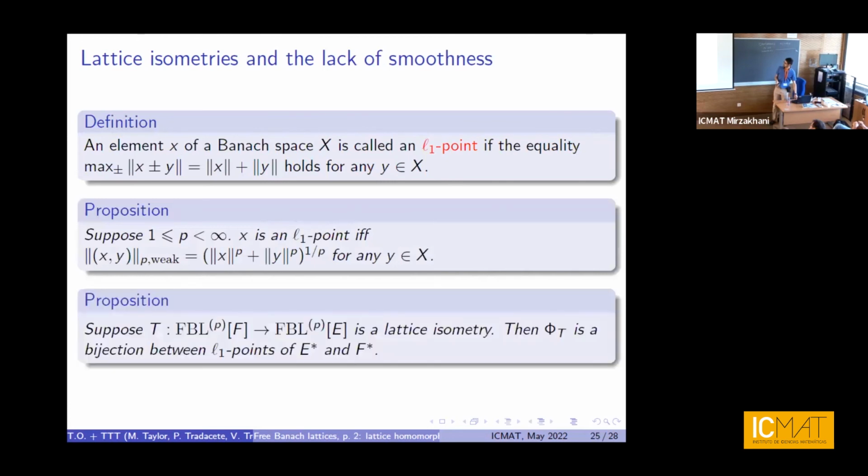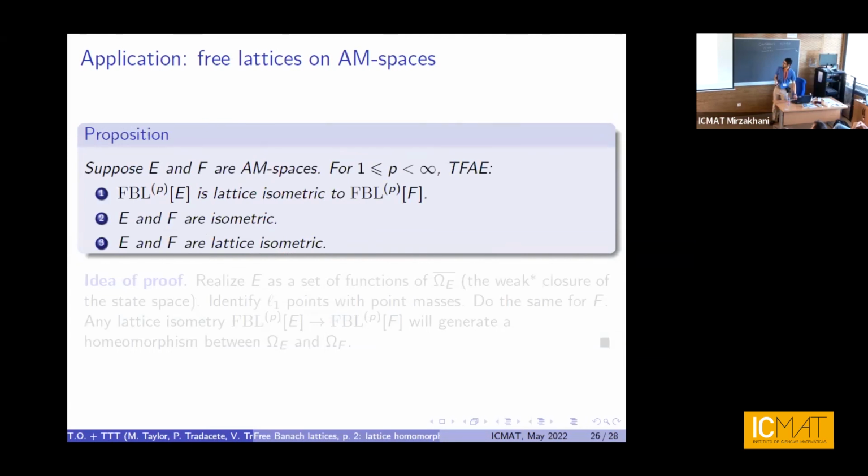So there are more things that I want to mention. But for lack of time, I will go quickly through this. So let me mention one more result, that let's say you have now two AM spaces.